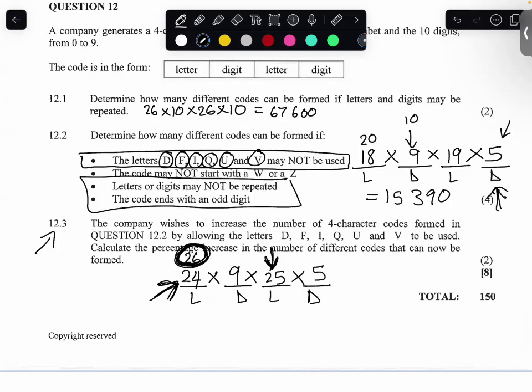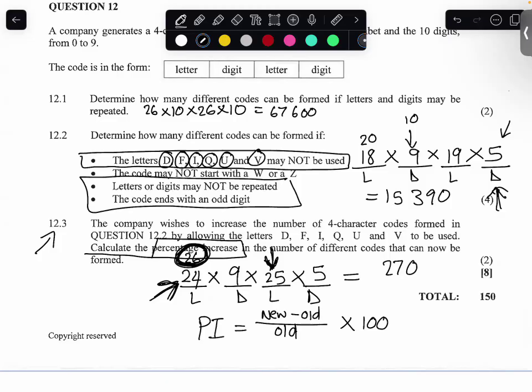Okay, but the question is very specific. It says calculate the percentage increase. Percentage increase is from grade 9. The percentage increase of something is new minus old over old times 100. So this is the new code, the new thing that they're allowing. This answer ended up being 27,000.